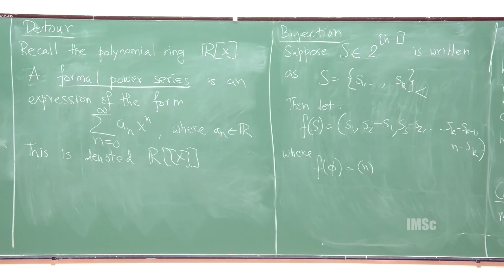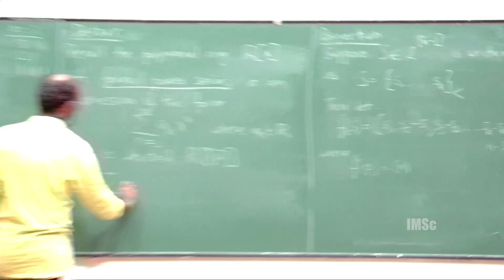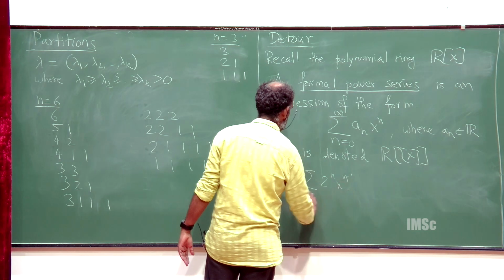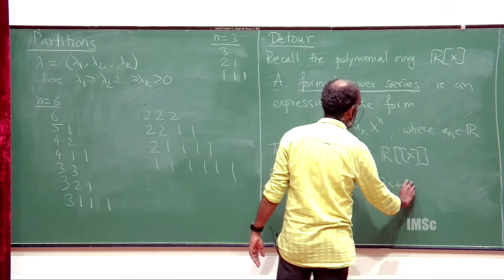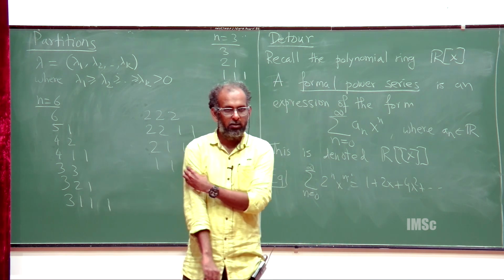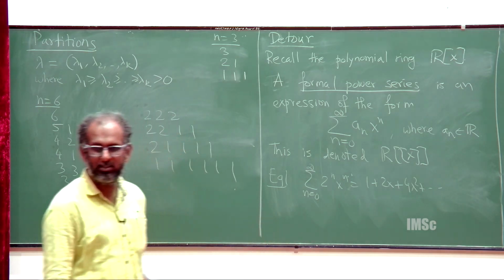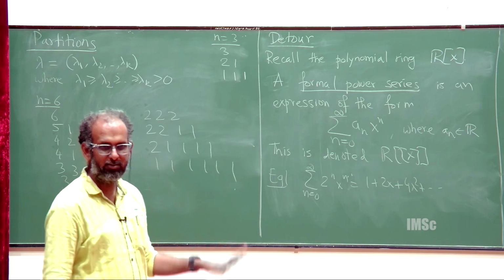I'll give you an example. Let's say sigma 2 to the n x to the n. This is 1 plus 2x plus 4x squared plus etc. In your analysis course you might have seen that this converges when mod x is less than 1 or some such thing, less than half or whatever, I don't care.